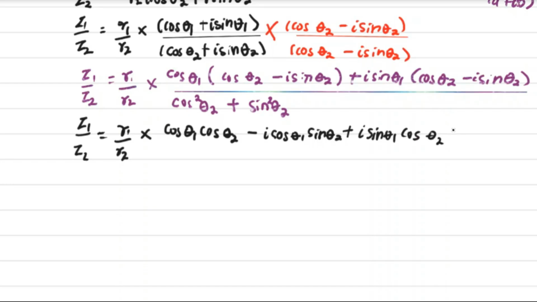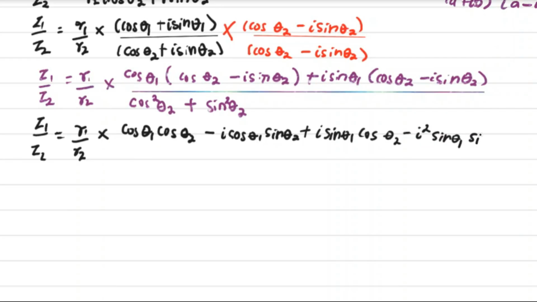Then plus i sine theta 1 times minus i sine theta 2 will give us minus i square sine theta 1 sine theta 2. Now everything here is going to be divided by cos square theta 2 plus sine square theta 2.